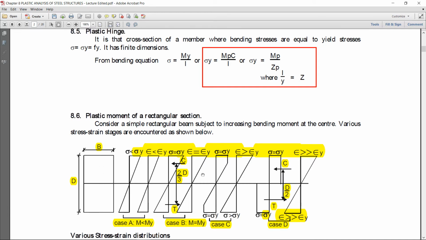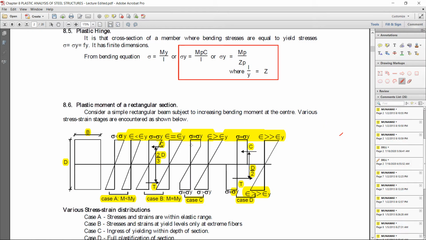That's why in the third figure, case C, due to the increase of the moment beyond yielding, first the extreme fiber yields, then the next fiber, then the next fiber.